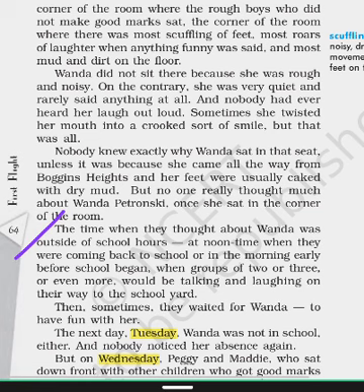But in the afternoon, after school or before school, when Wanda Petronsky came towards the school or went towards home, the other students, sometimes two, sometimes three or more, used to talk with Wanda Petronsky.